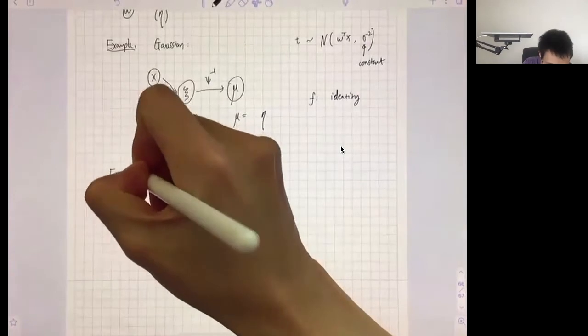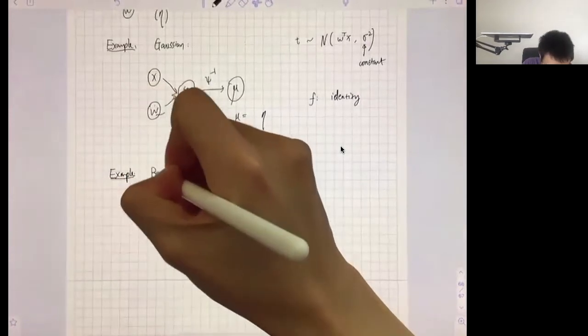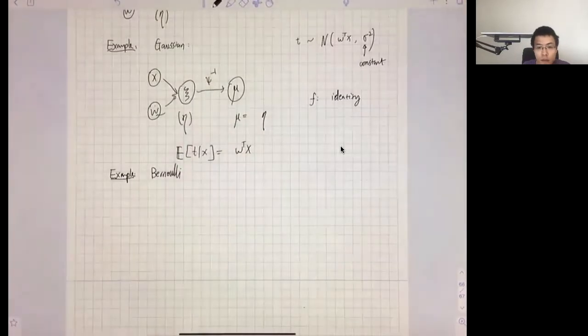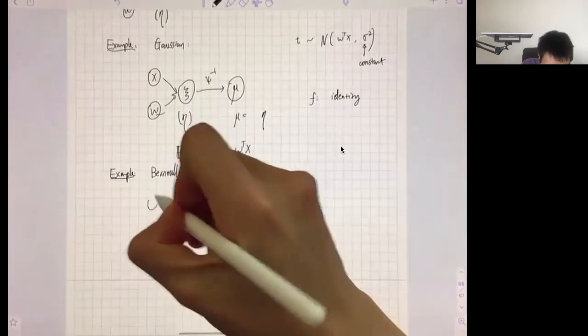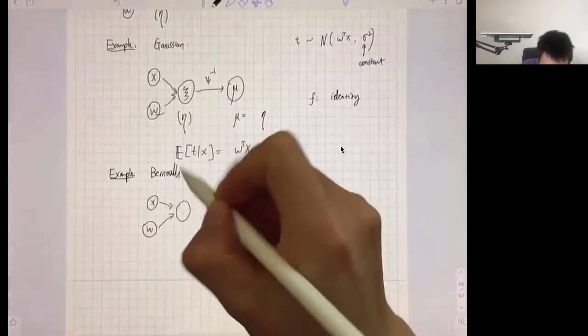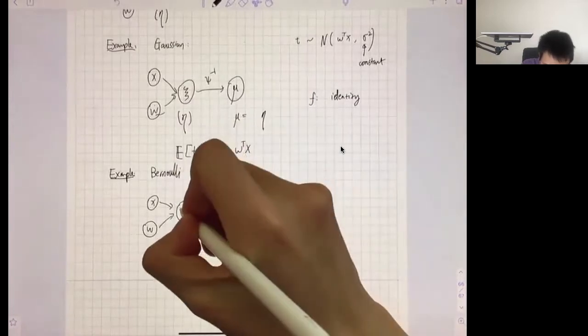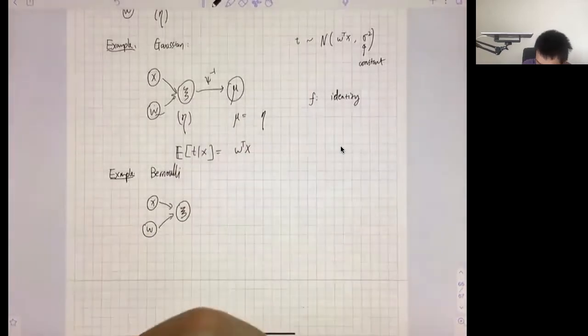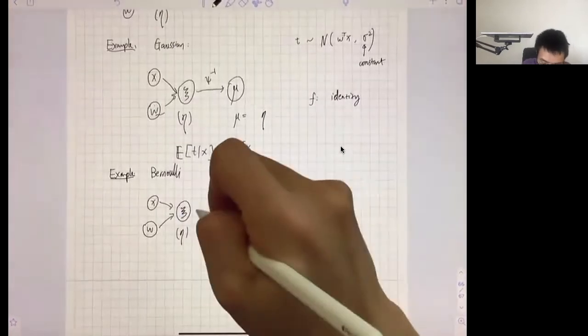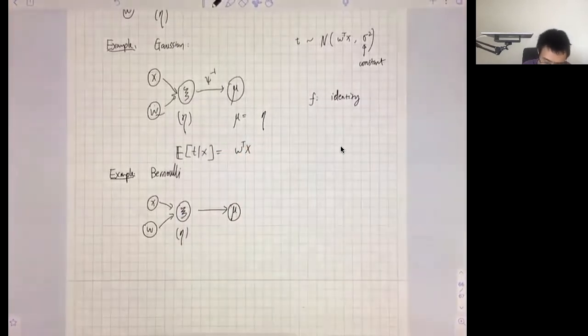Another example is the Bernoulli case. Here, still I have the X and W, and they enter into my model as the inner product. It gives my psi, which is also my eta. Then I would like to compute the mu.